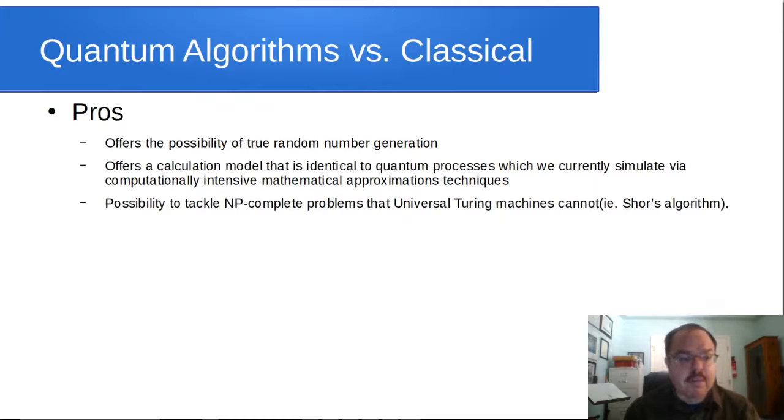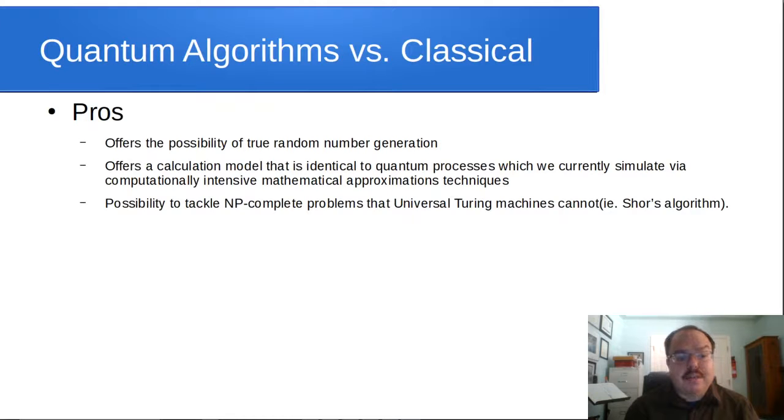Whether it's the spin up or spin down of an atom or the polarization of a photon, as far as the quantum mechanics equations are concerned, they're the same. So as long as you can represent one two-state problem with another, it would probably be much faster just to run a quantum simulation of it. So that's one area that quantum computing could definitely provide an advantage over the classical computers we currently use.